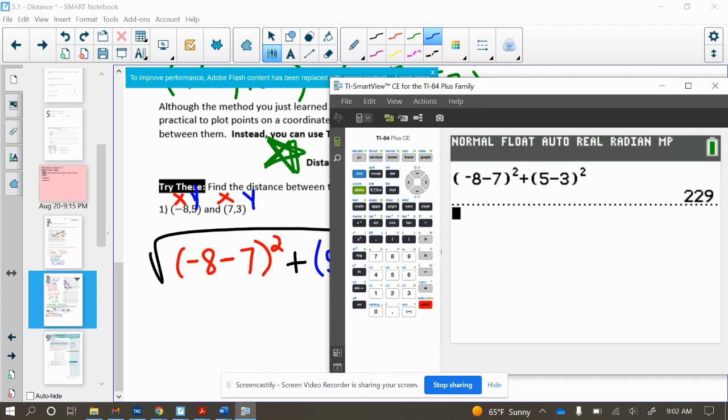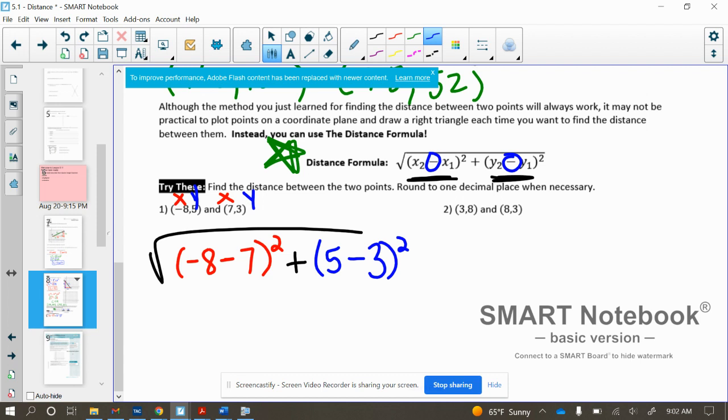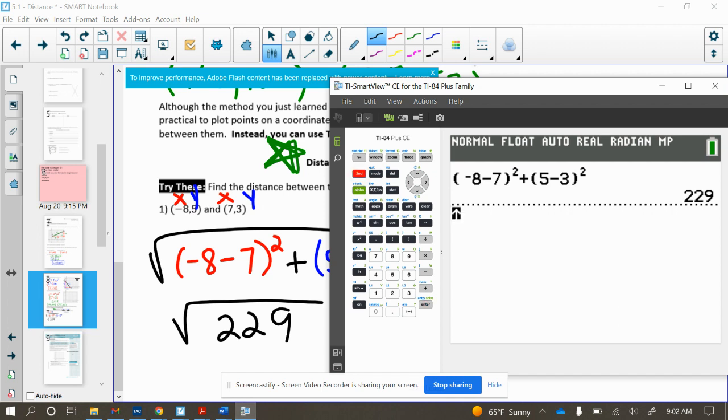We get 229 is what we are taking the square root of, okay? Second step then is to actually type in the square root of 229.